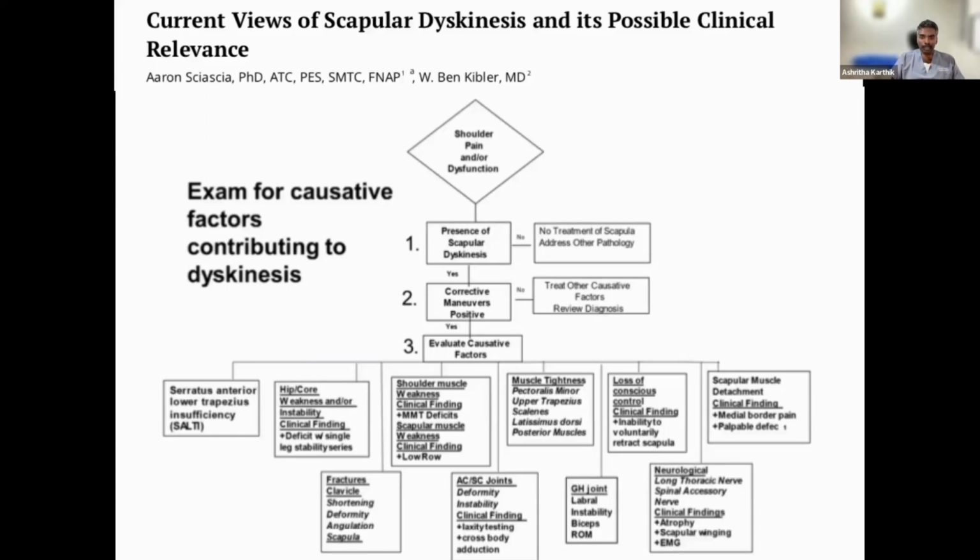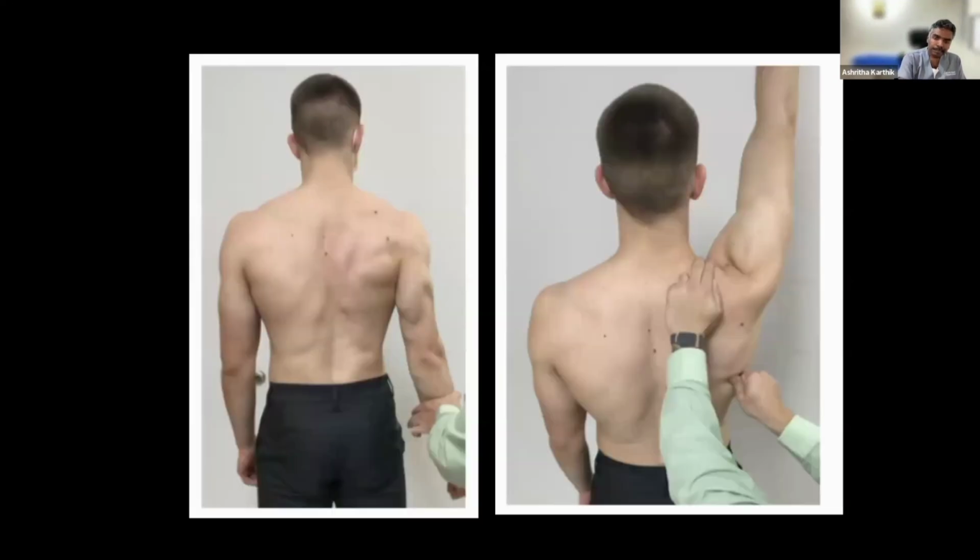Now, the most important muscles which are tight, which you have to look for, are the pec minor and the upper trap. So keep all these things in mind. Scapular assistance test, I do it, and this is the low row. On the left side, you see the low row test. Basically, you stand straight, extend your arm a little bit, and then you take it to a flexed position first.